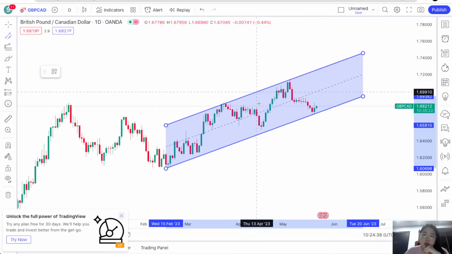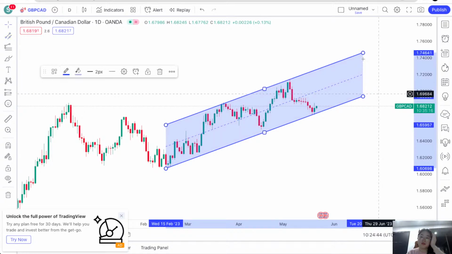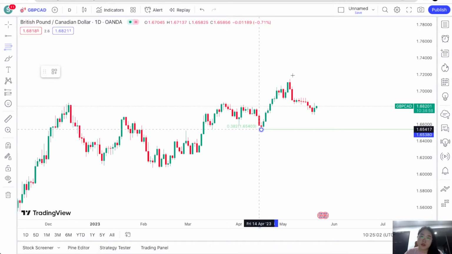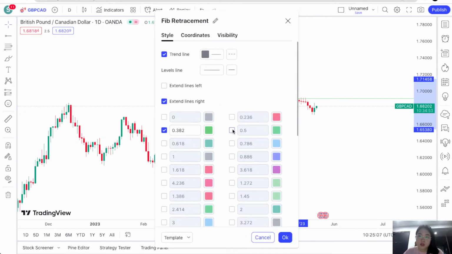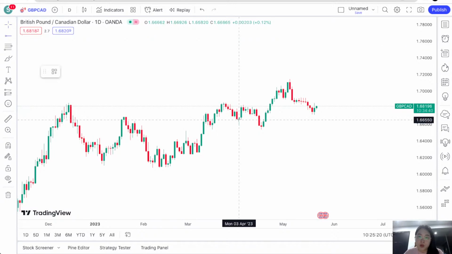Okay, uptrend. Possible uptrend. That channel was just used as a reference. Okay, that was a possible. Even if that was an uptrend, okay, this area, I see confluence here.